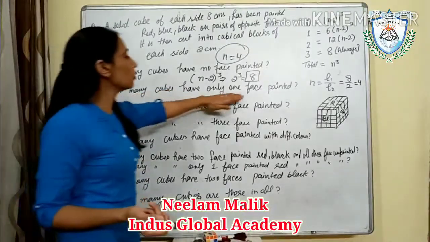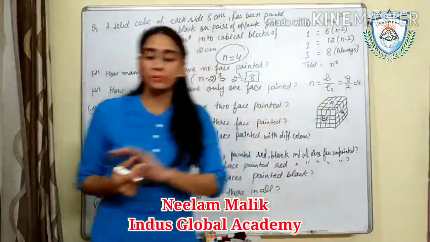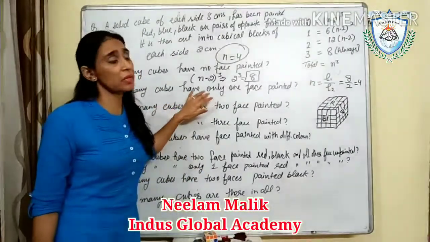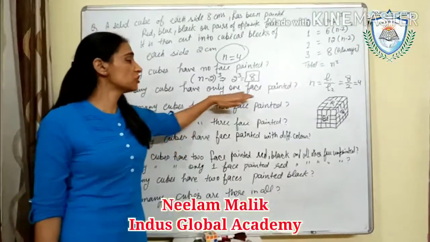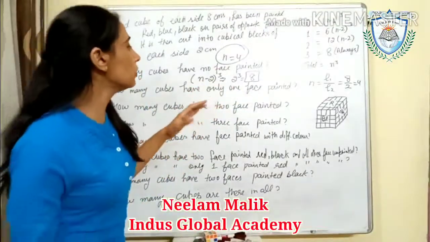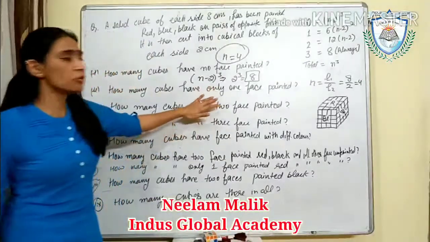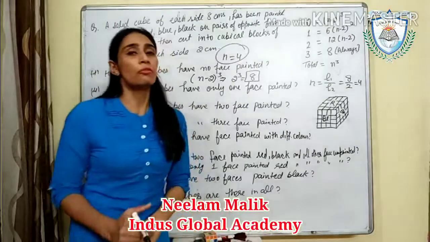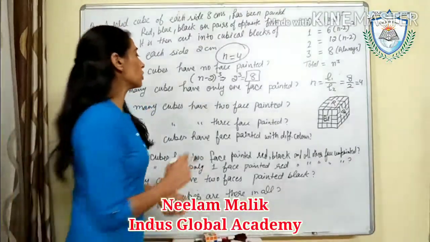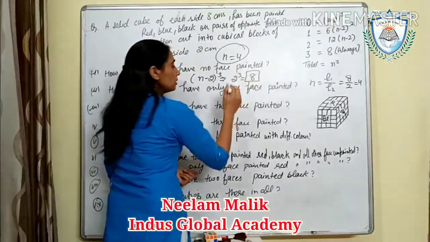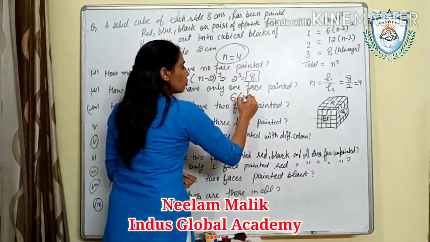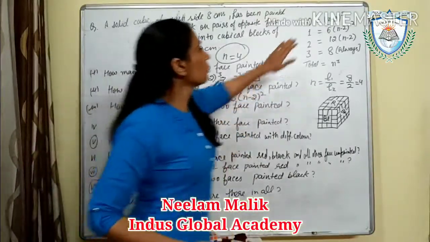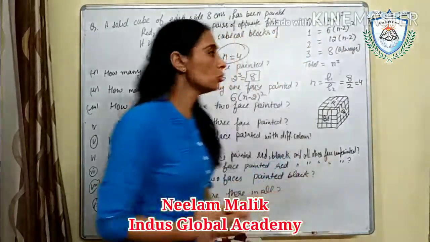How many cubes have only one face painted? They are not talking about any color, meaning one face painted with red, or black, or blue. So our formula will also be the same. They just want to know about only one face painted. The formula for one face painted is 6 into n minus 2 square.